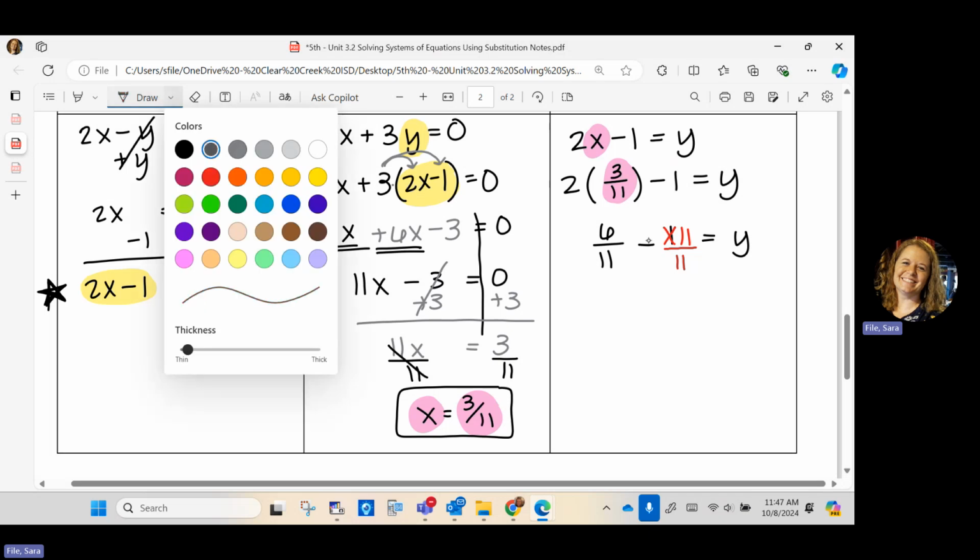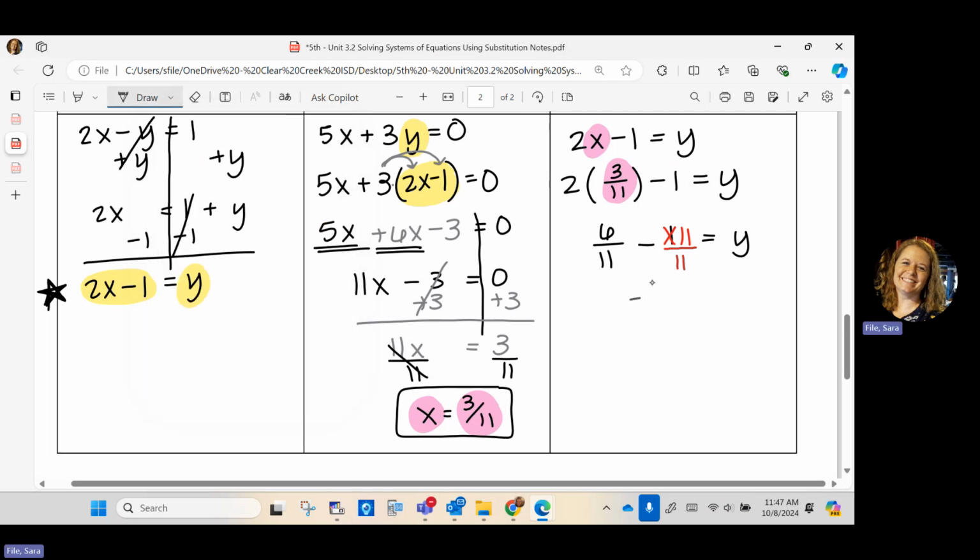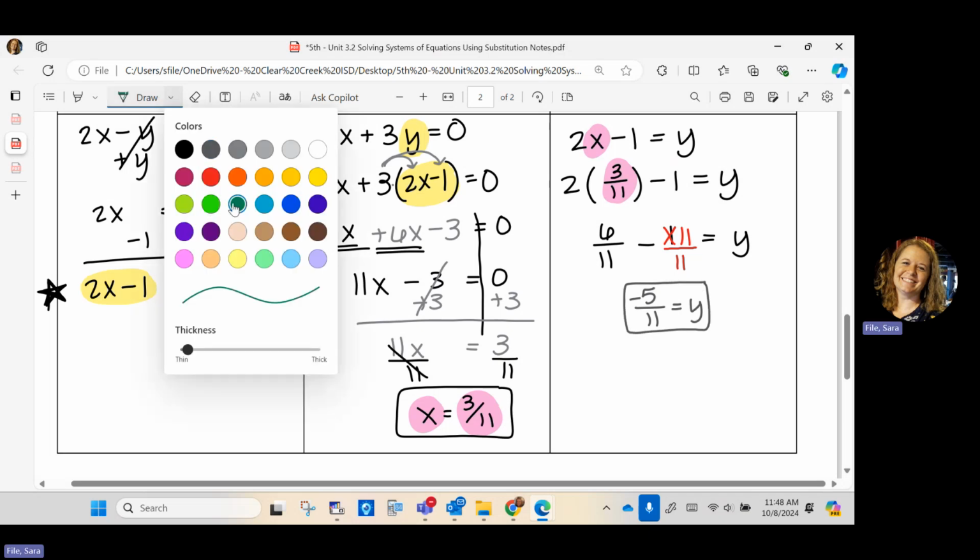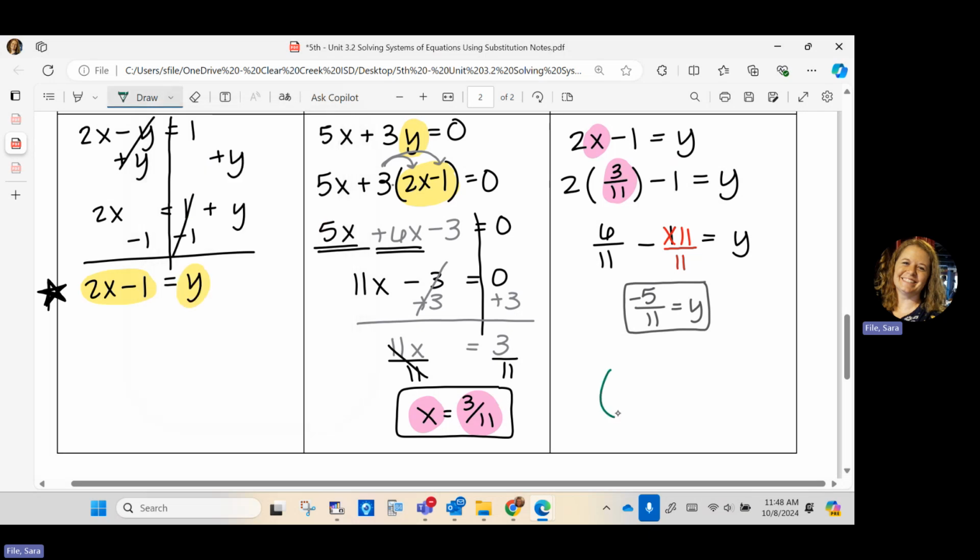So 6 minus 11 would be negative 5/11. I got the y, I've got the x, so now I'm ready to write the solution. 3/11, negative 5/11.